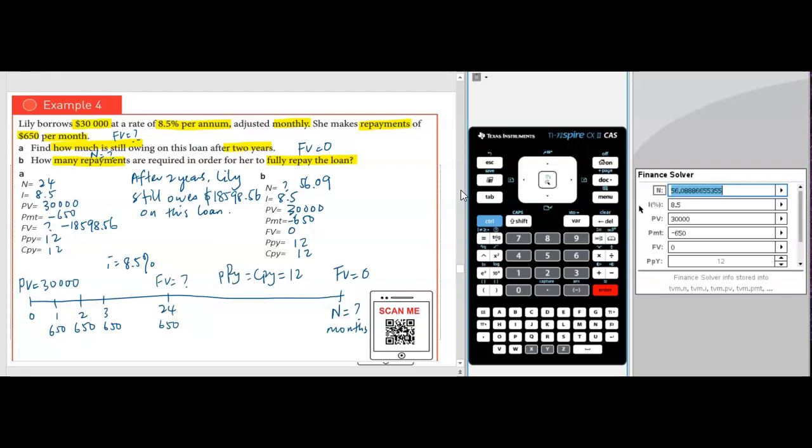No, it should be 57 because you need an extra 0.09 months to fully repay the loan after 56 months. So your answer will be it takes 57 repayments in order to fully repay the loan.